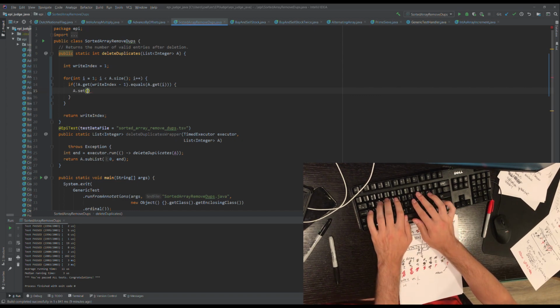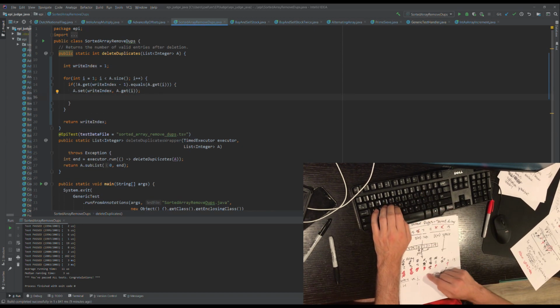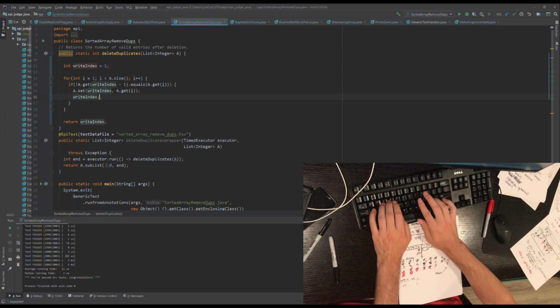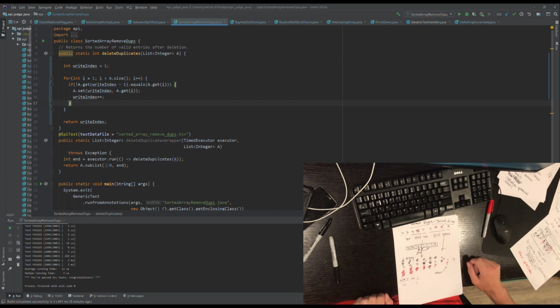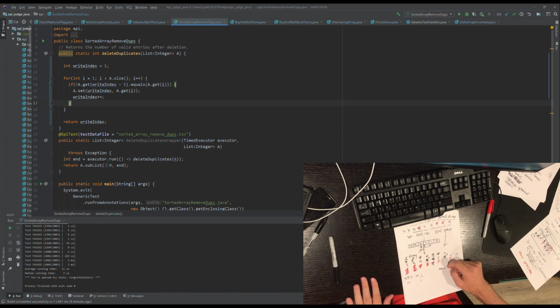So a.set at right index, whatever the current value is. And then we would increase the right index. And in the case where they were the same, all we really did was increase I. Remember, we kept the right index on the current value because that's the value still needed to be overwritten. So we don't actually do anything in the else case.